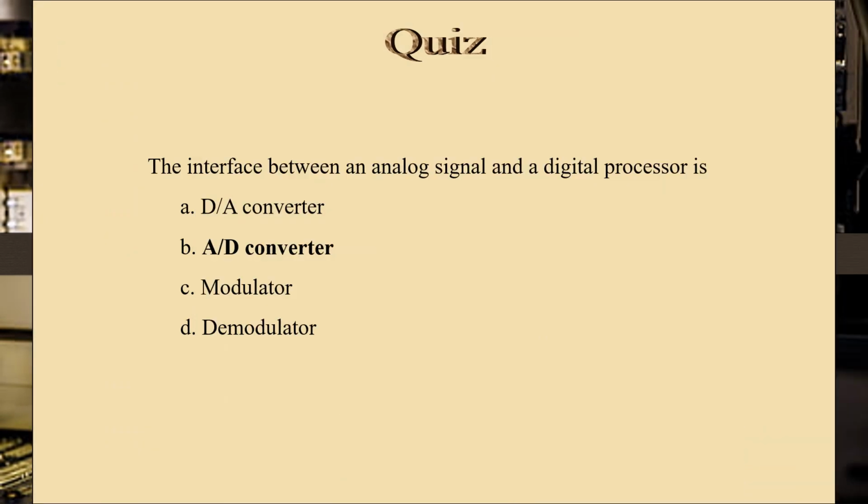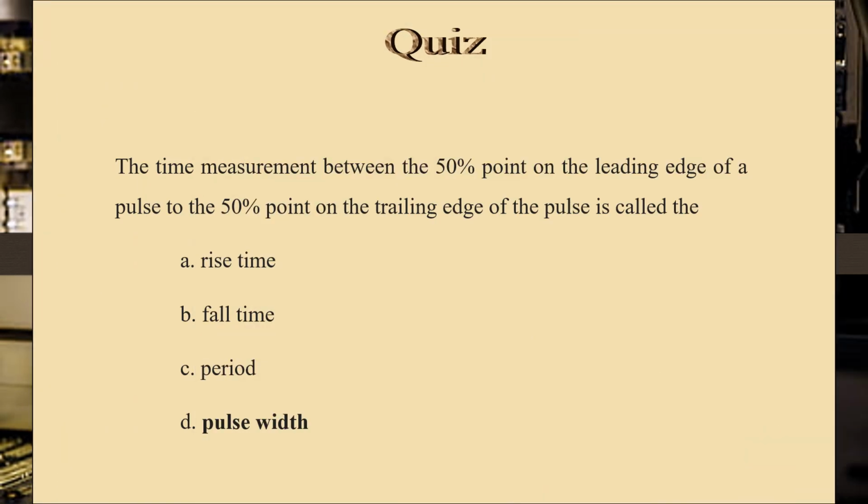Third question: the interface between an analog signal and a digital processor. The device used to convert an analog signal to digital is called an analog to digital converter, or AD converter. The fourth question: the time measurement between the 50% point on the leading edge of a pulse and the 50% point on the trailing edge of the pulse is called the pulse width.